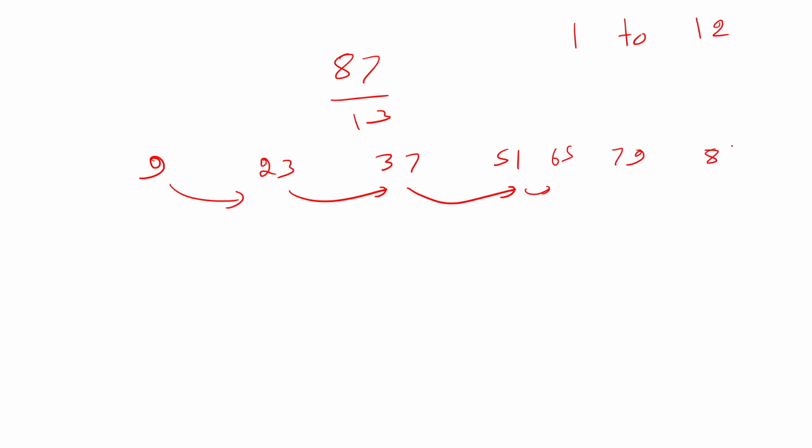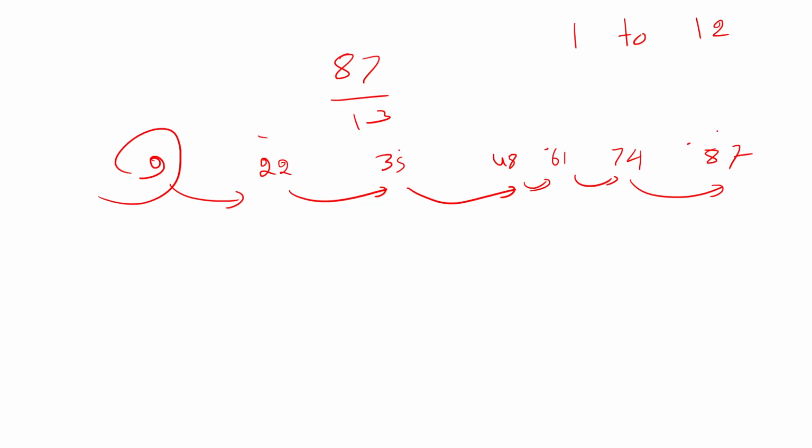I made some mistake. I should have added 13. So 9, 22, 35, 48, 61, 74, and then 87. He can do whatever he wants; if I start with 9, I can always reach these numbers.